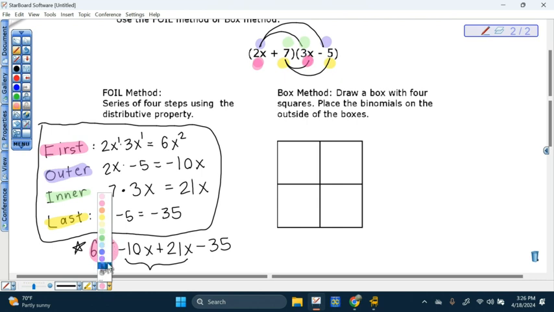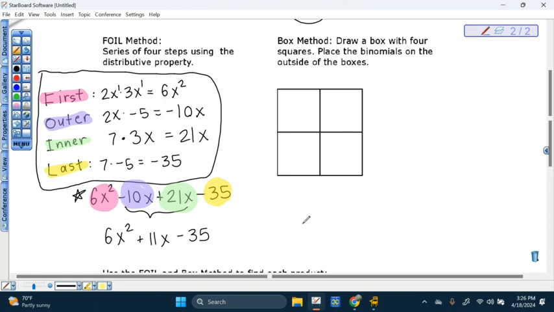And then my outer times my outer would give me negative 10x. My inner times inner would give me 21x. And then my last times last is negative 35. So you'll always end up with 4 terms at first, and then usually, most of the time, not all the time, but a lot of the time, you'll be able to combine the 2 middle terms, and you end up with a 3-term answer. Is that okay? What questions do you have?